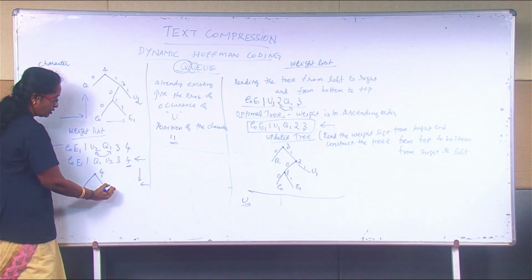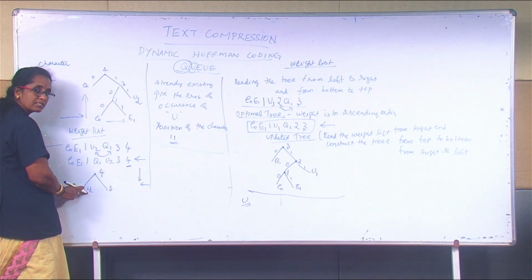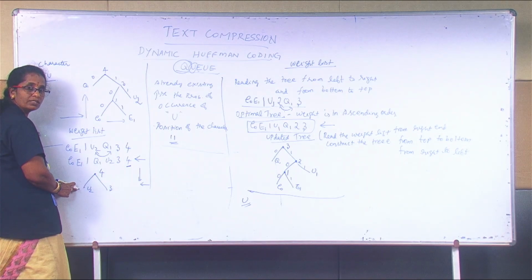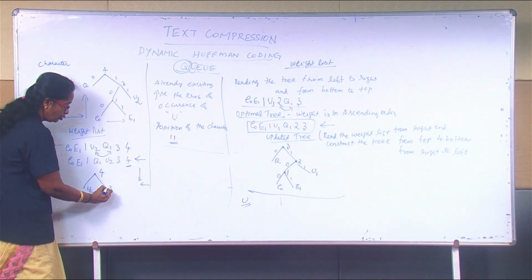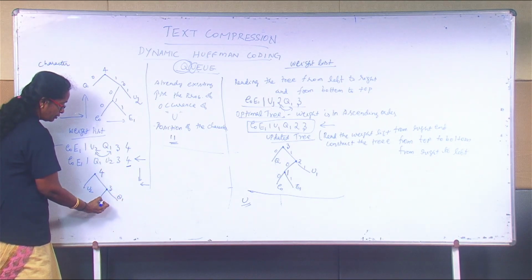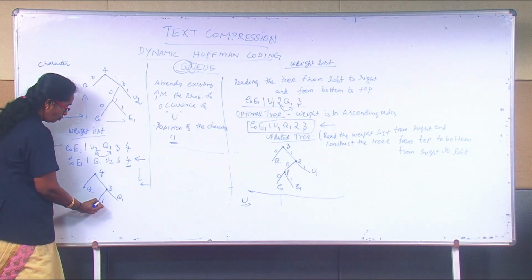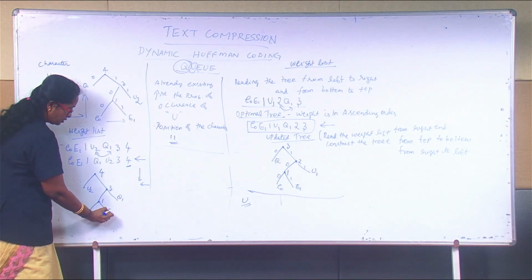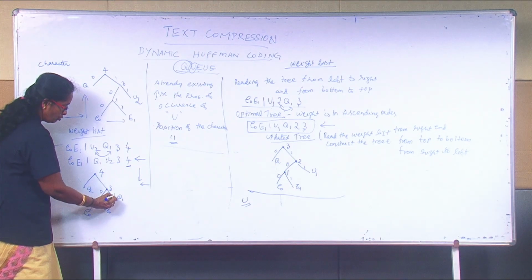The rightmost node is 3 and then you have a U2 and this character U is assigned to a node. Therefore, it becomes a leaf node now. Now, this 3 is split into 2 and after U2 what you have? Q1 and this is 1. The Q1 is assigned here, therefore, it becomes a leaf node. Now, this 1 is split and this is E1 and this is E0, 0, 1, 0, 1, 0, 1.